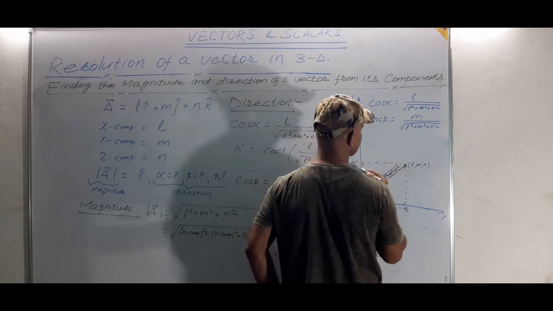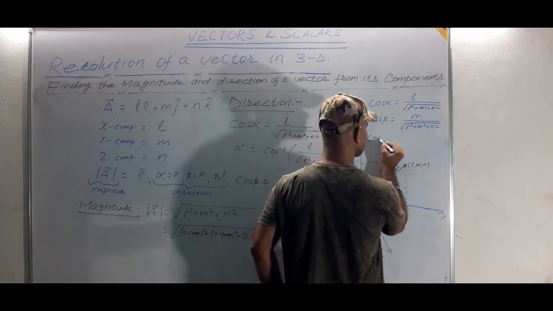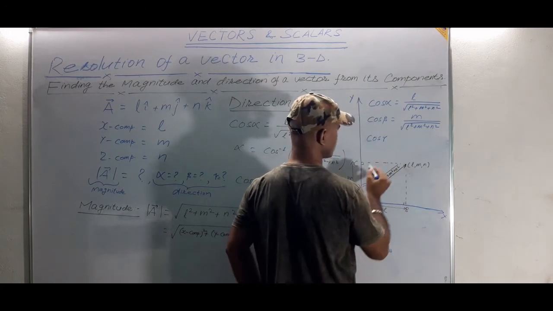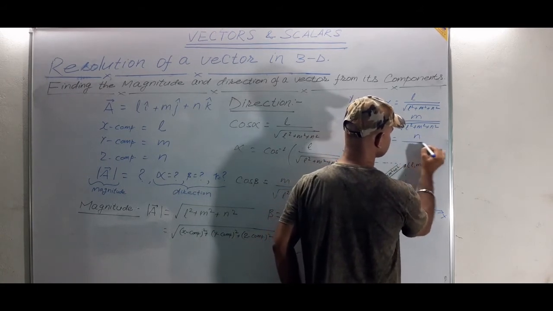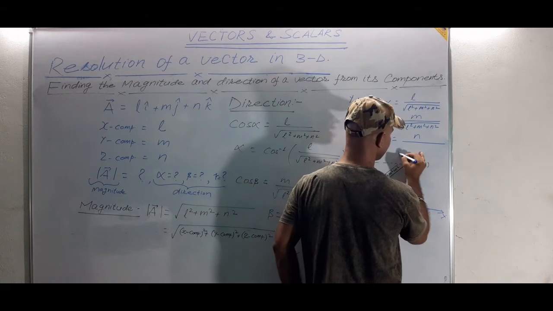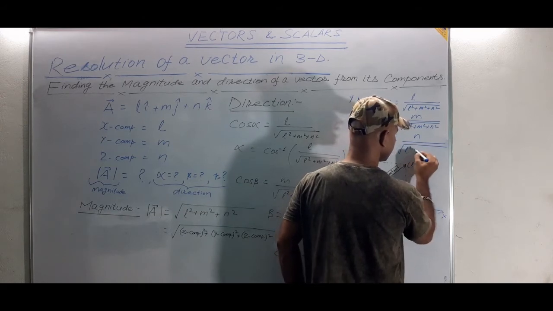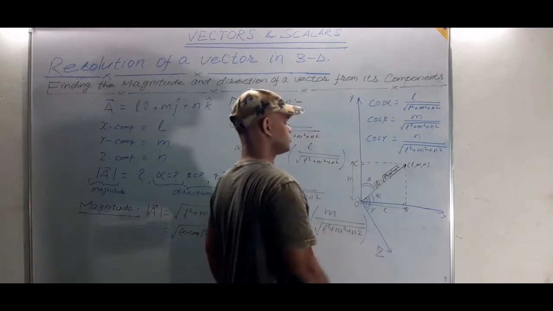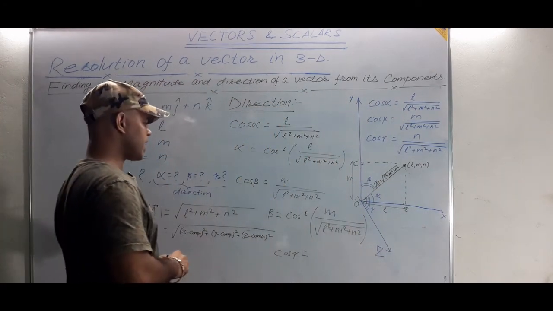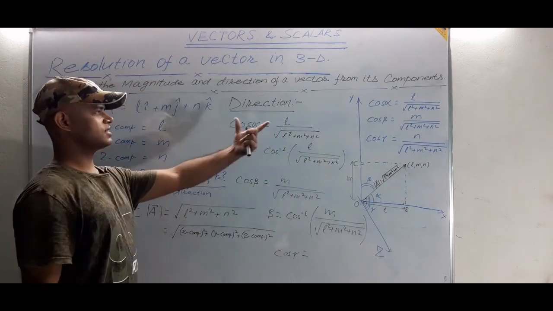Similarly, for gamma we can write cos of gamma, the angle with respect to the z-axis, is equal to its z component, that is N, upon the magnitude of the vector, that is root of L square plus M square plus N square. So now we have the magnitude as well as the direction.